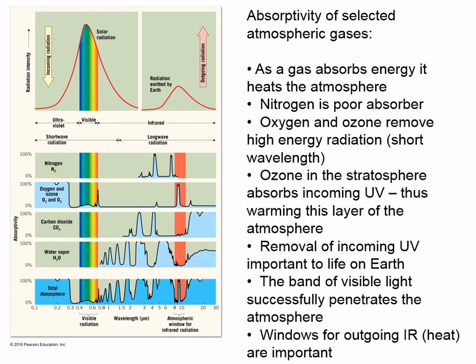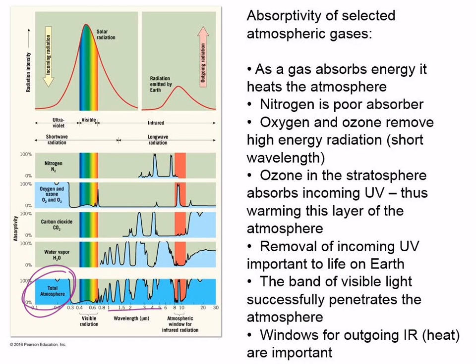So as a whole, it's shown here. If you were to take all of those blue areas of the nitrogen, the oxygen, the ozone, the carbon dioxide, and the water, and combine them, you would get that blue area down there. So this is good. This is happy. We want our atmosphere to block those short wavelengths.